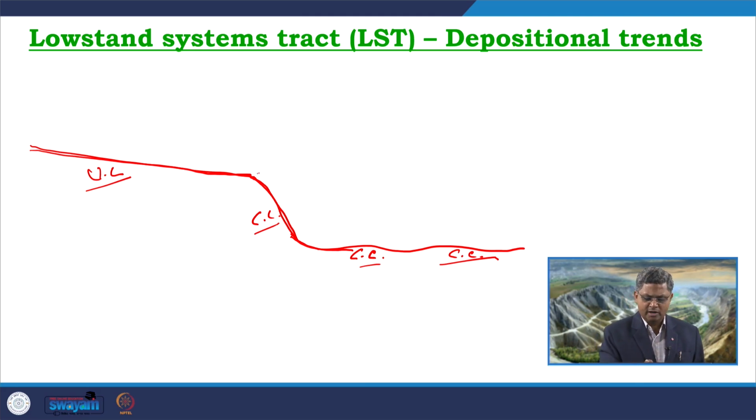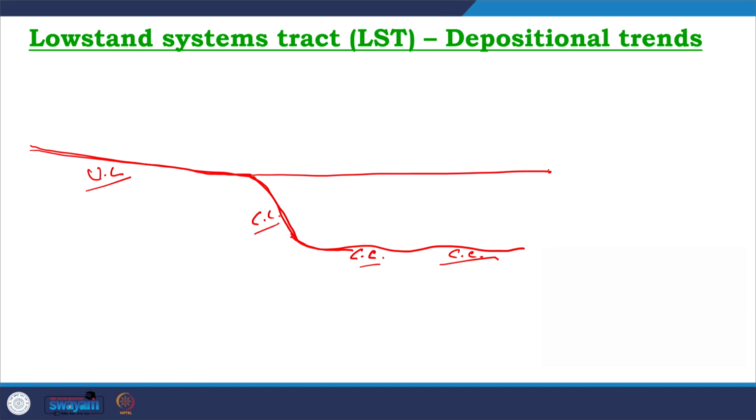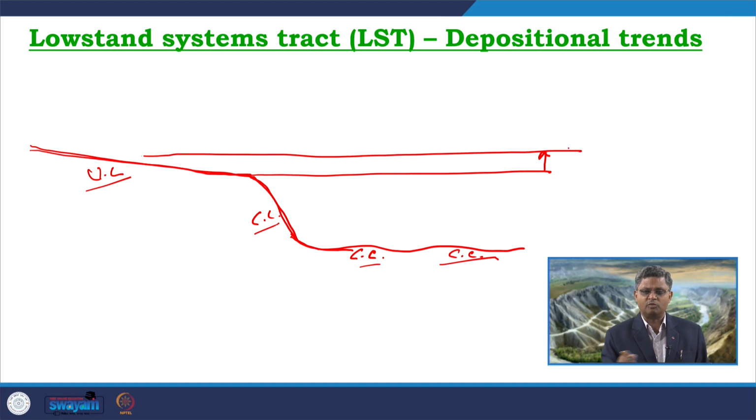So, at this point the base level is lying somewhere here at the end of the forced regression. From this point onward, base level is rising during the LST. Say for example, base level is rising over here, coming over here.